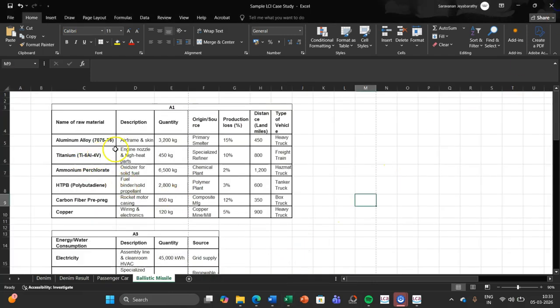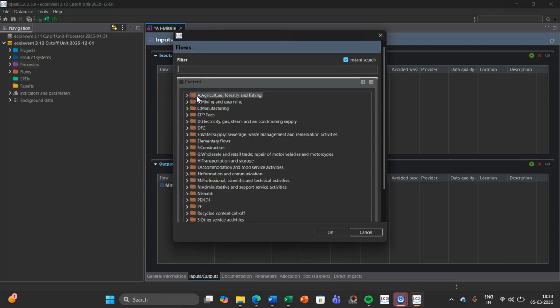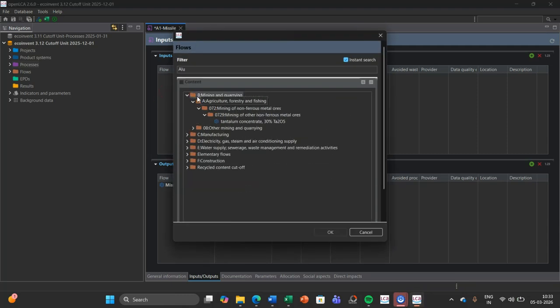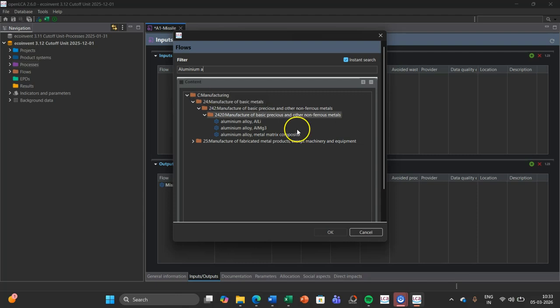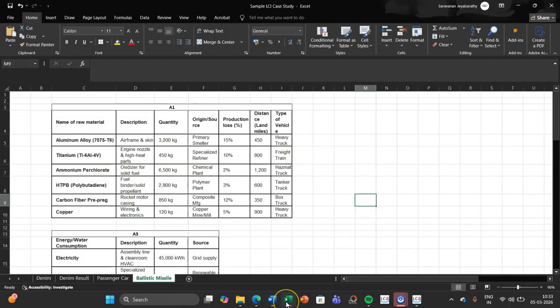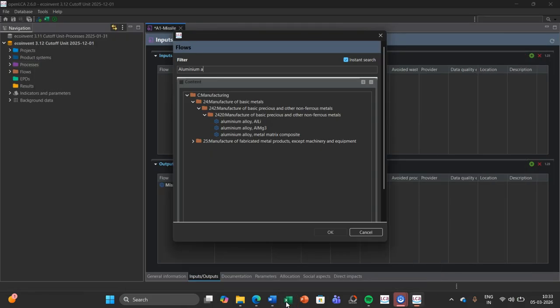Here comes aluminum alloy, 3200 kg. There are some, like airframe skin primary smelter, so there is no further specific option. We have aluminum alloy, lithium based, magnesium based, metal matrix composite.